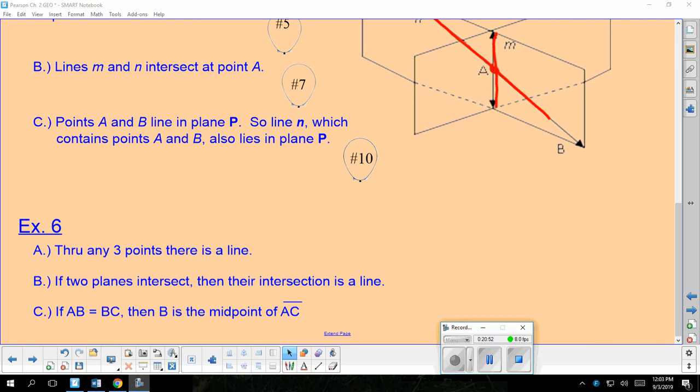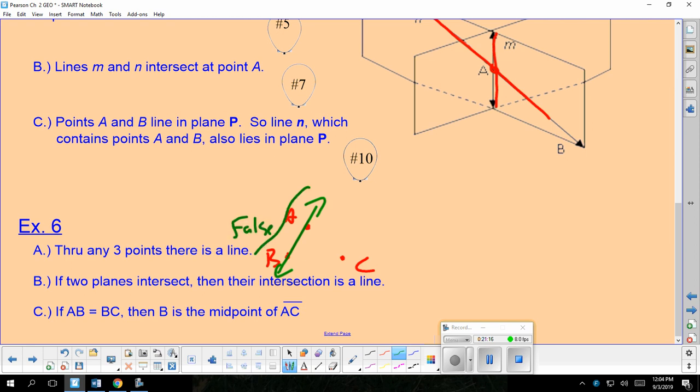For example, this first one: through any three points, there is a line. Is that always true? No. I could have points A, B, and C where you could have more than just one line. So that would be the counterexample. This is false. And there's my counterexample.